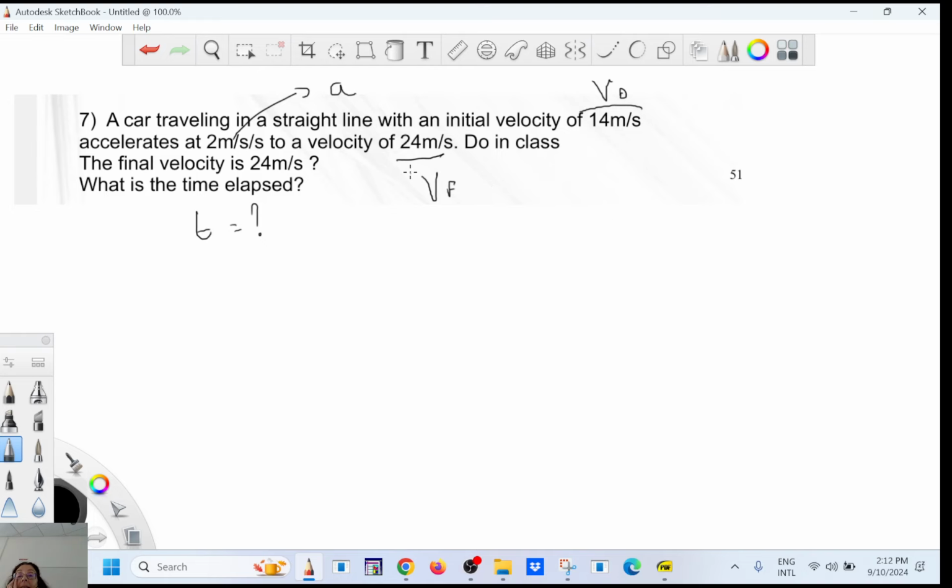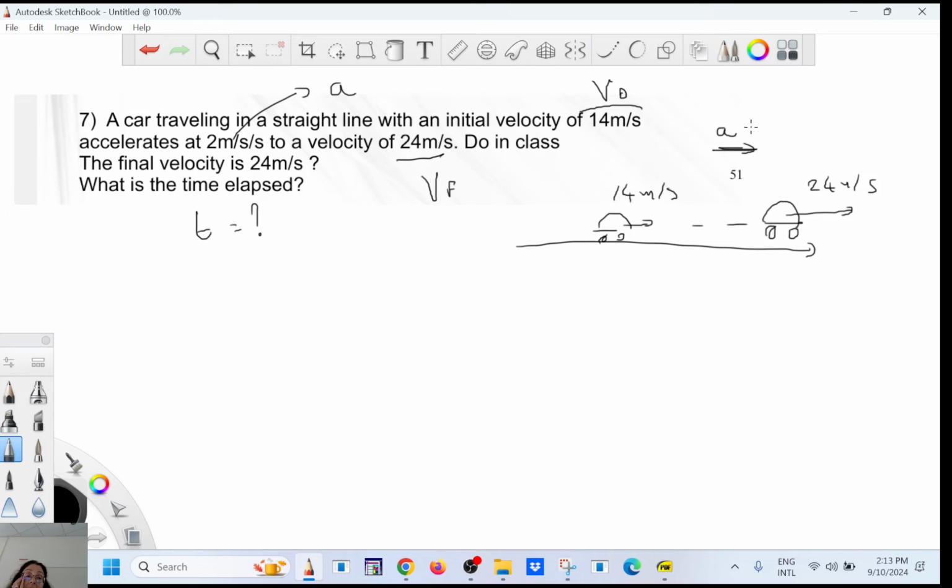Or you can do it in your head, right? After 1 second is going to be 22, another second is going to be 20, another second is going to be 18. Speed up. Acceleration is this way. 2 meter per second per second.